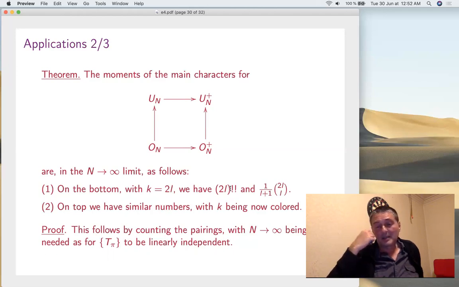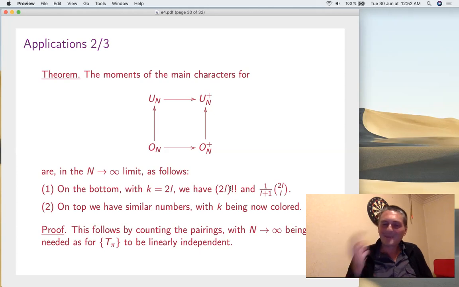And if you know that it's the Gaussian law, you're done. If you somehow remember there's the Gaussian law, you just compute the moments of the Gaussian law, by partial integration, whatever, you get these factorials and you're done. That's your proof.